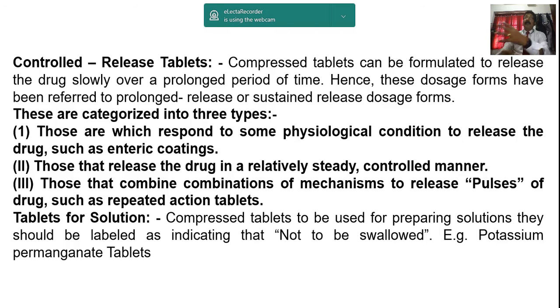A drug will be absorbed in a combination of mechanisms, release pulse of the drug, related to the action of the tablets. They will be made into a prodrug, or combined with another protein which will get released slowly. Some will be without combination with the ligand and will be released faster.